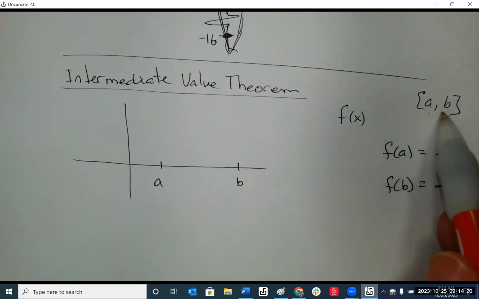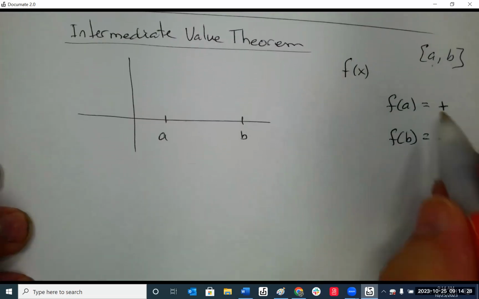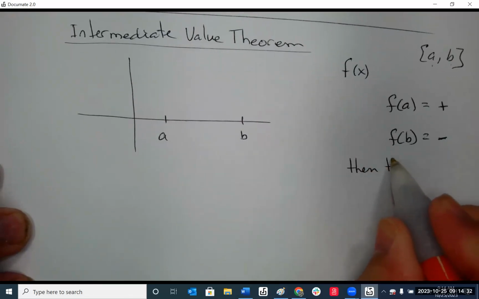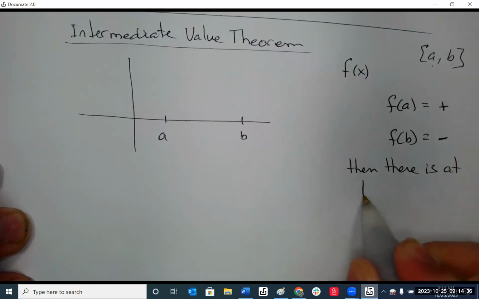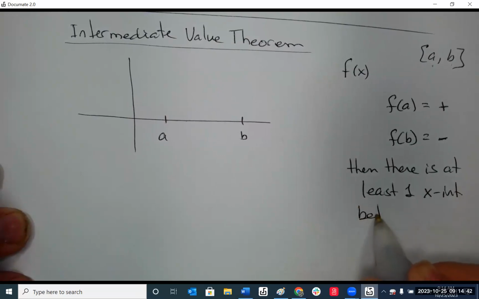If the answers at these two points give you different signs, then one thing has to be true: there is at least one x-intercept between A and B.